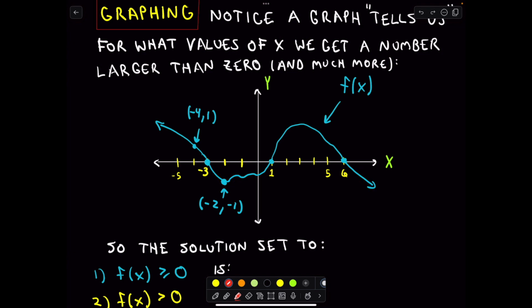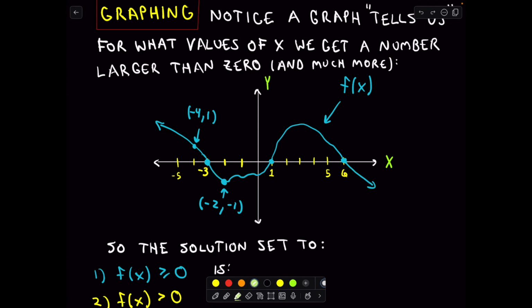Well, it says you start with some x value, and at the end of the day, you get some negative y value out. That's what the graph tells us if we're below the x-axis: all of the outputs are negative.